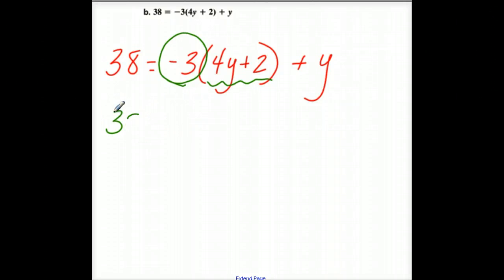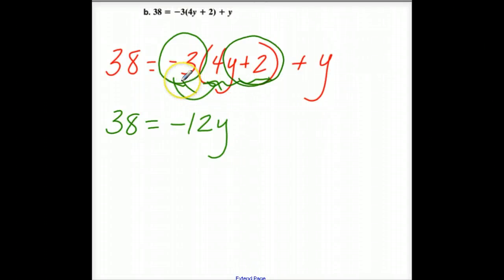So I'm going to start by rewriting the 38 equals negative 3 times 4y is a negative 12y. Then I'm going to do it this way, negative 3 times positive 2 is a minus 6. And then this part just gets added on at the end, plus y.